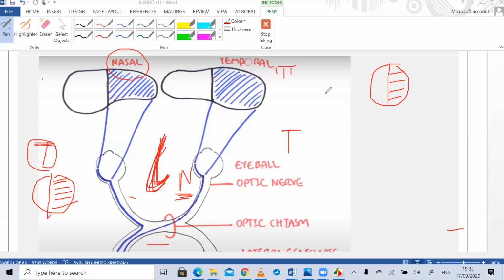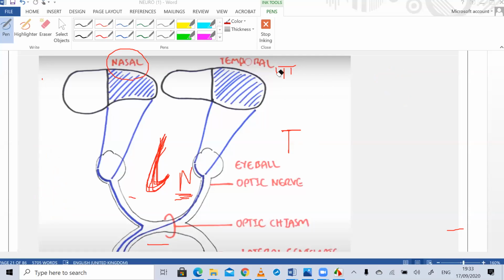Here I have the temporal field, here I have the nose of the patient. And this is the nasal fibers transferring the temporal field. And this is the temporal fibers transferring the nasal field.